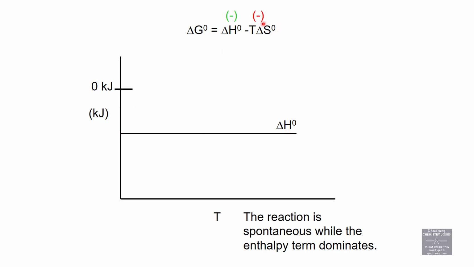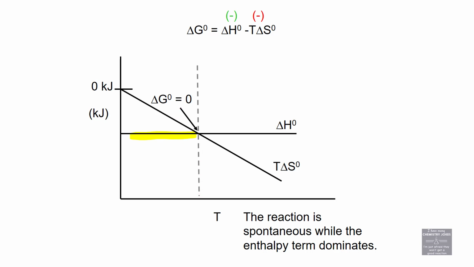T times delta S, this is a negative sloped line this time because this S value is a negative value. Same as before, that intersection of those two lines is where delta G equals 0. On the left of this graph, we're looking at most negative delta G, so that delta H term is lowest.